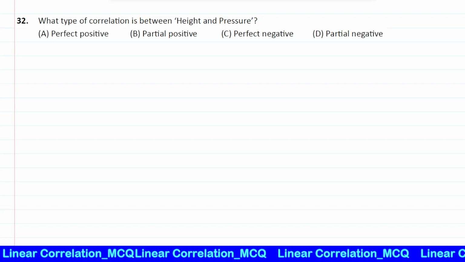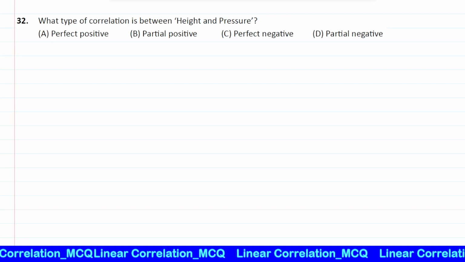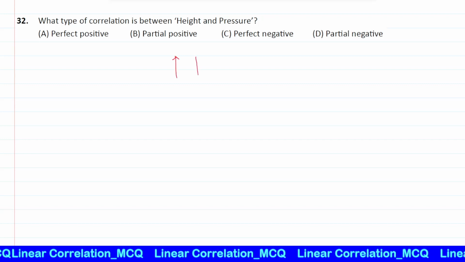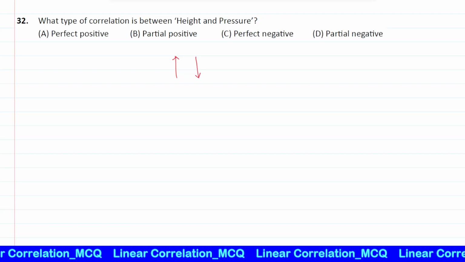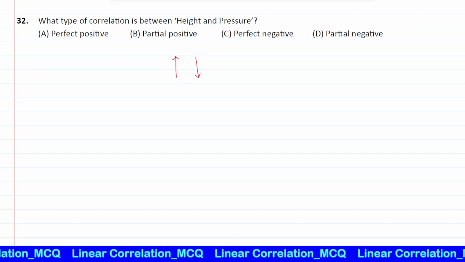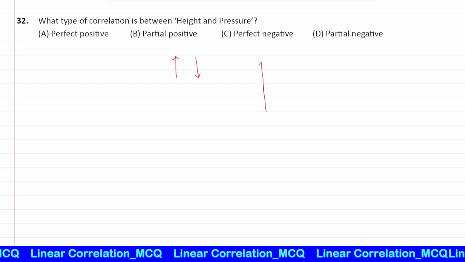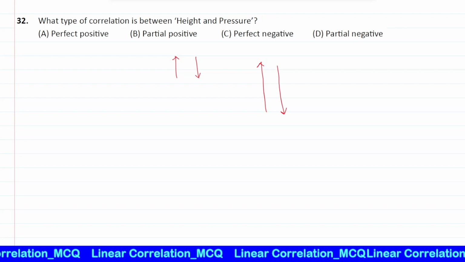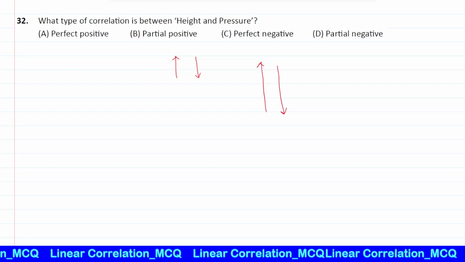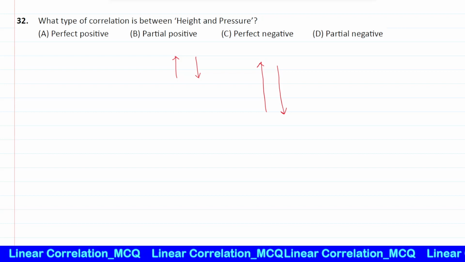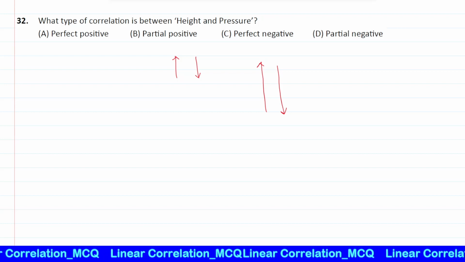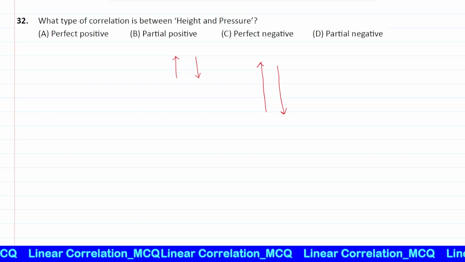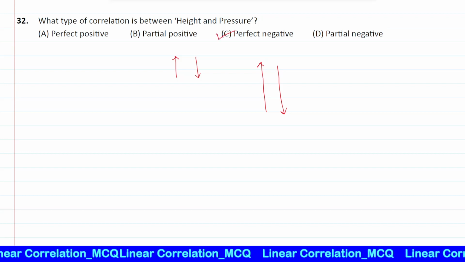If height increases, the air pressure decreases. As we go higher above sea level, the oxygen level or air pressure decreases in the same proportion. As height increases, air pressure decreases. So changes in both variables are in opposite directions and in constant proportion. So it is perfect negative correlation between the two variables, given in option C. Option C is correct.